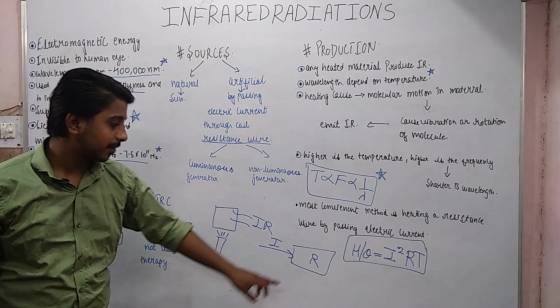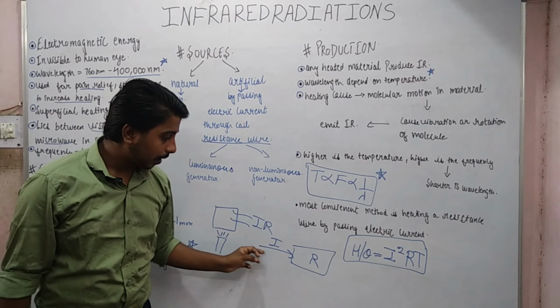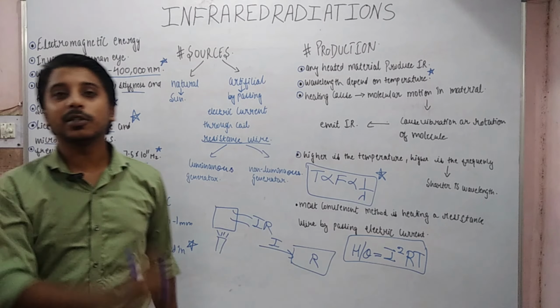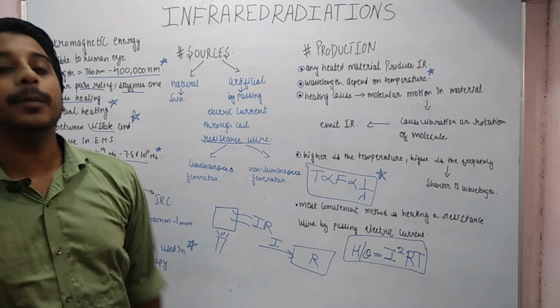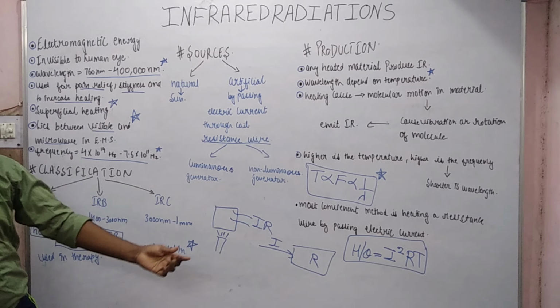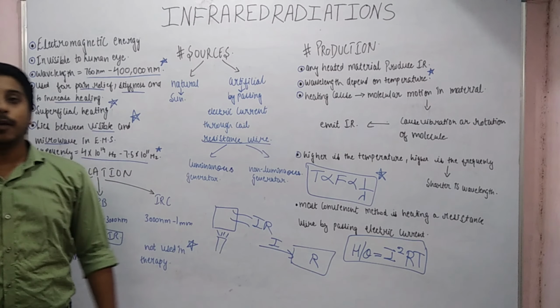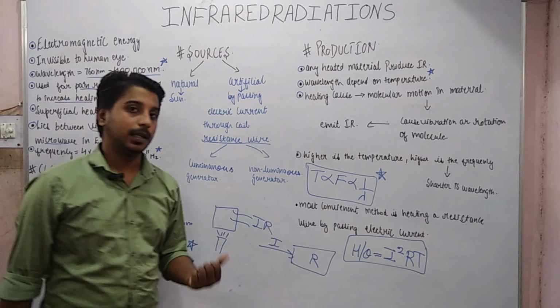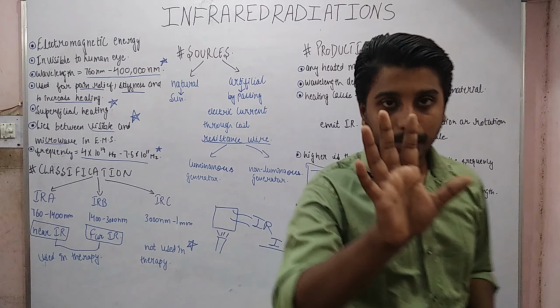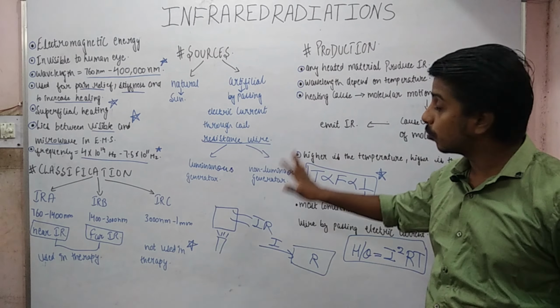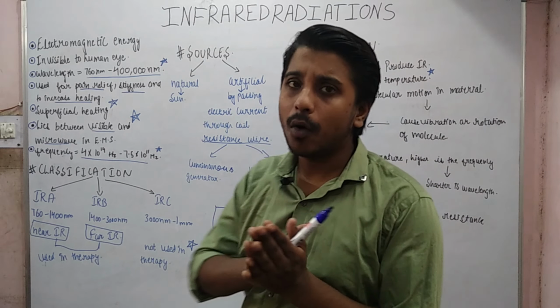So this is the resistance wire in which the current I is passing, and heating occurs according to Joule's law, which is again an important practical question: which law leads to the heating of this resistance wire when we produce the IR. Okay, so this is about the introduction, classification, sources and production of IR.